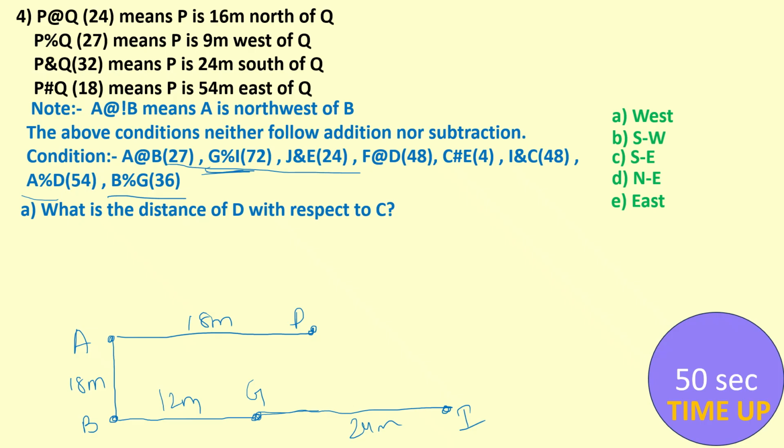I and C you can use. I and C means I is to the south of C by 36 meter, correct? 36 meter. So this is 18 meter. Then more 18 meter I have to draw. Here will be C. So total is 36 meter. Correct.